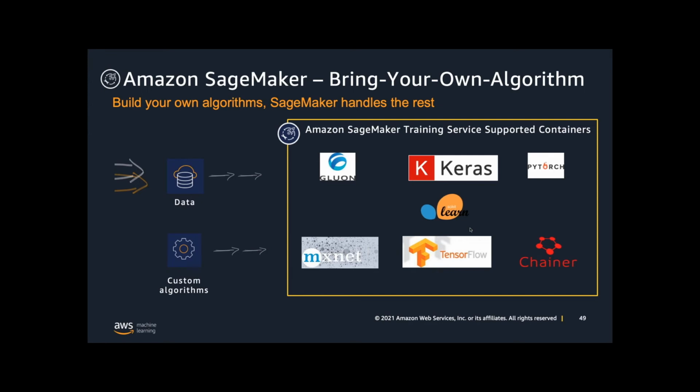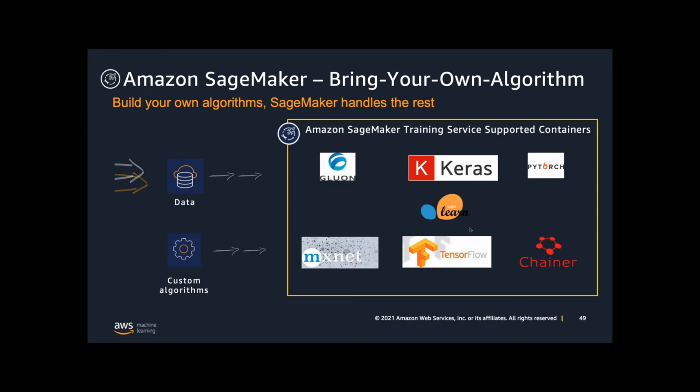For example, when you're using frameworks like MXNet or TensorFlow that are covered within SageMaker, you can simply supply the Python code that implements the algorithm and use the SDK. But sometimes, even when there is direct SDK support for your framework, you may find it more effective to build your own container.